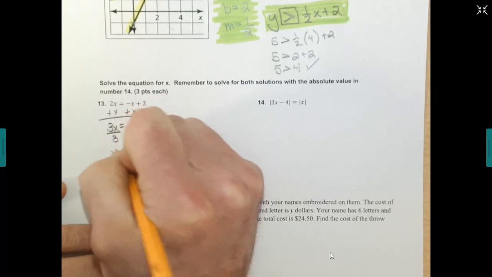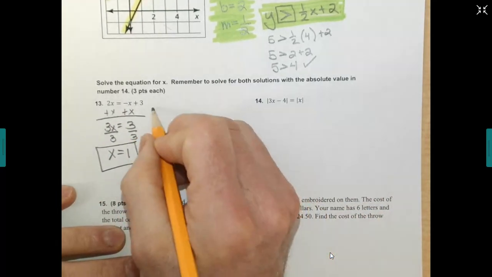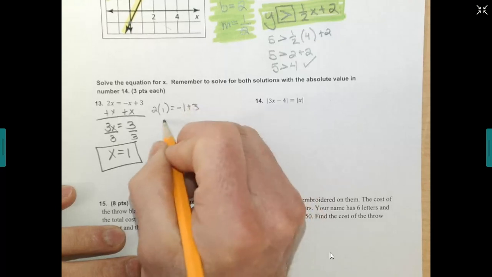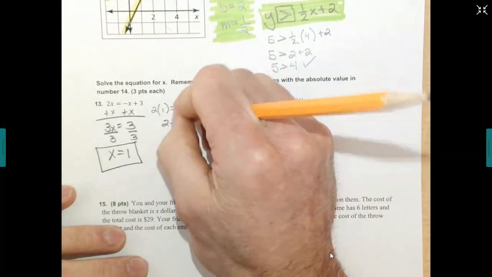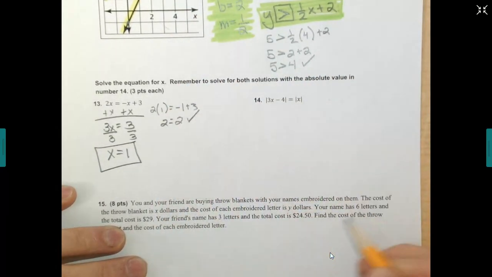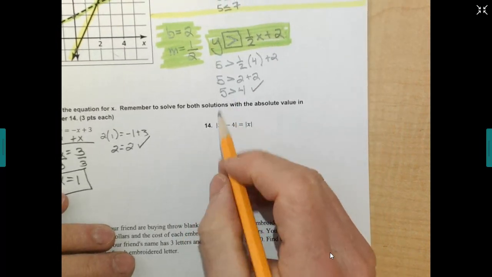So x equals 1. I can check it. 2 times 1 equals negative 1 plus 3. 2 equals negative 1 plus 3 is 2. So that checks out.